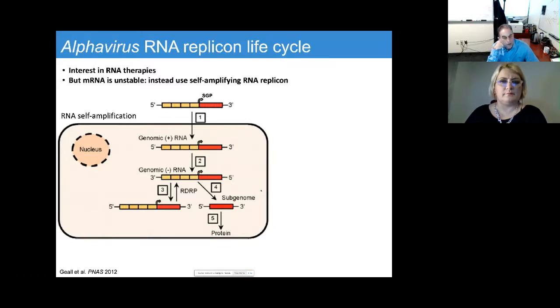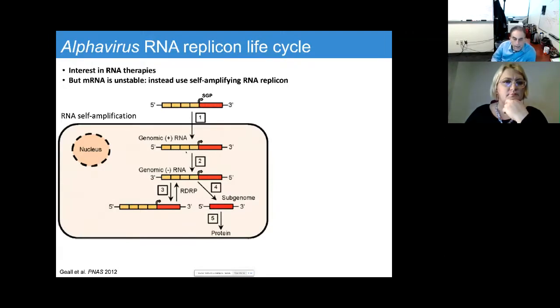And just to note, the coronavirus is also a self-amplifying RNA virus. So it has actually very similar features to what I'm showing here. And so the notion is that this RNA goes inside the cell, is delivered inside the cell, and this could be synthetic RNA that we make.